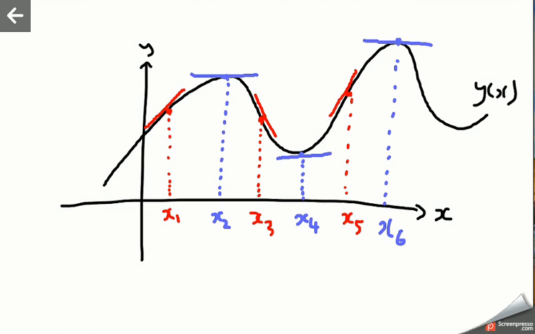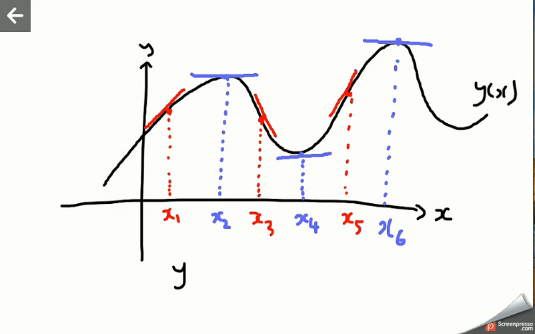Just to recall, when we differentiate the function y of x, y prime of x tells us the slope of the tangent line for each value of x. For example, y prime of x1 is approximately 1, just from this diagram, because that line looks like it has a slope of 1.